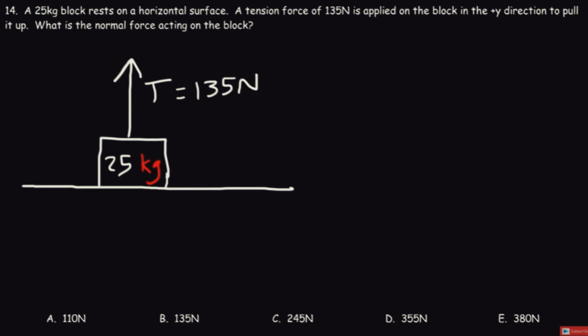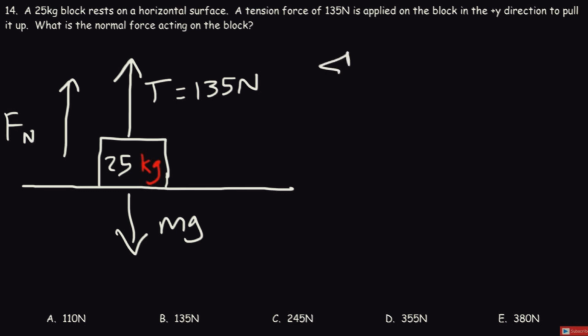Well, we need to draw a free body diagram. We need to identify all forces acting on the block. So we have the weight force, which is mg, and also there is the force that the ground exerts on the block, and that is the upward normal force.